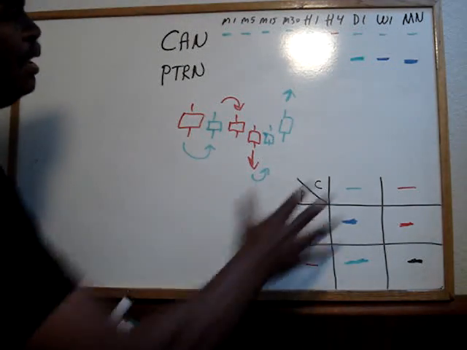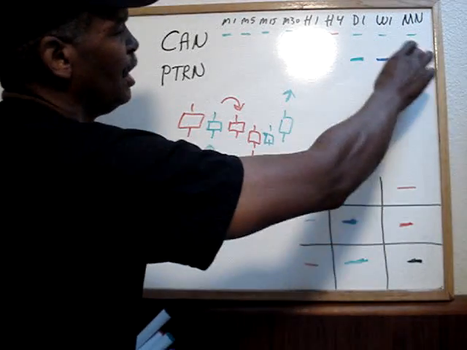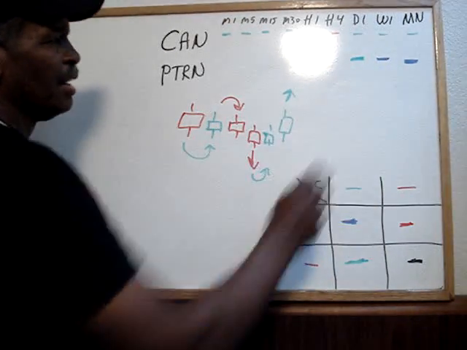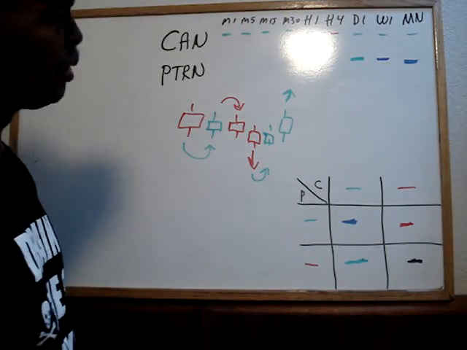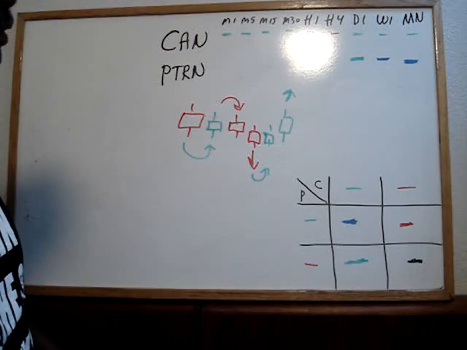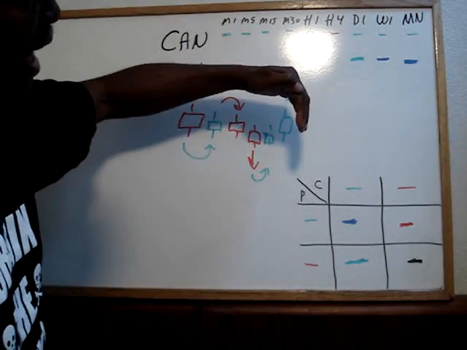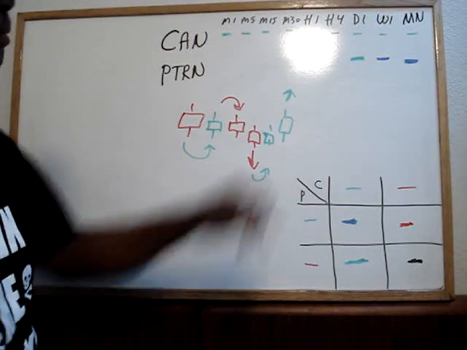Now, what this tells you is, right here, you can say the trend is up. So in other words, some traders want to get in on the pullbacks. So what they're looking for would be a turn down and then a turn up to get in, because they want to go with the trend.